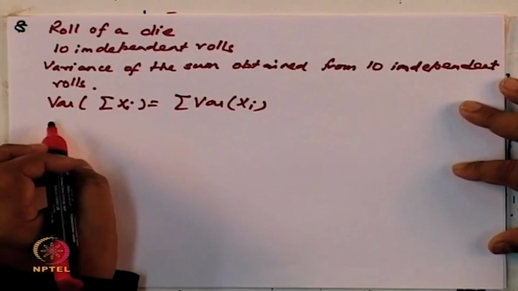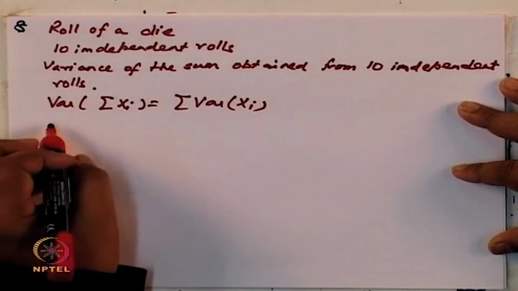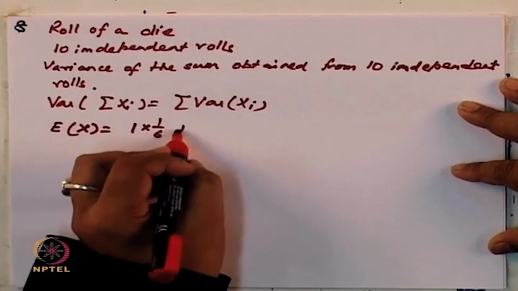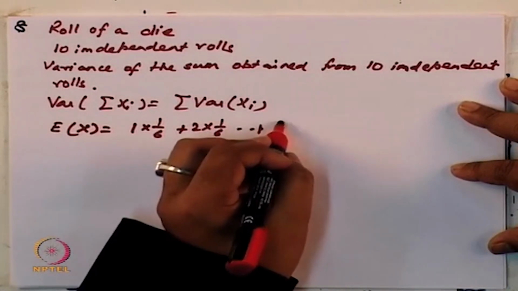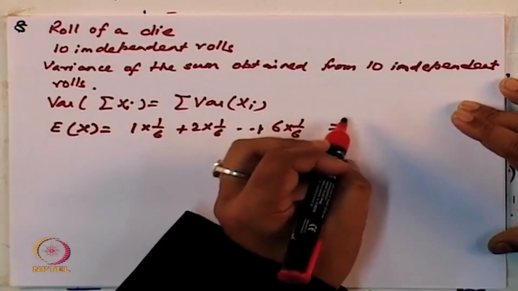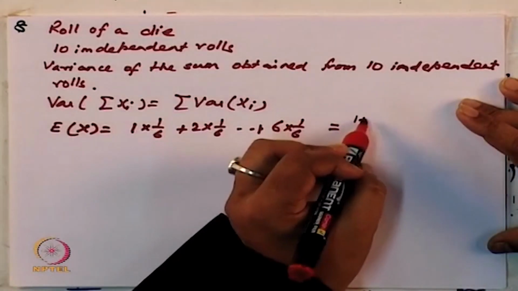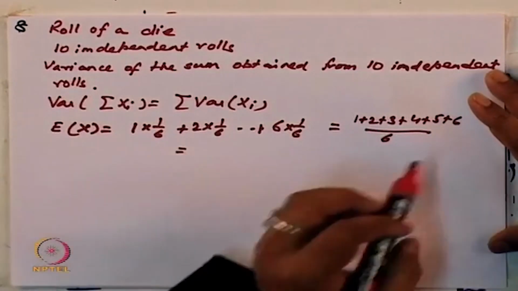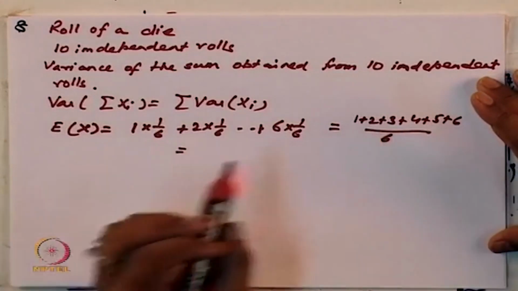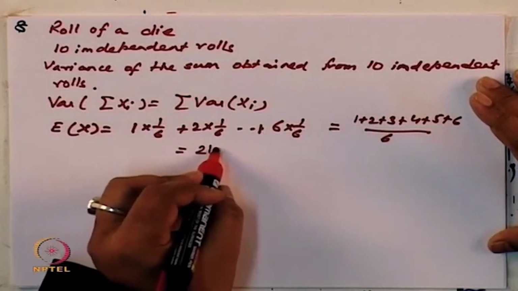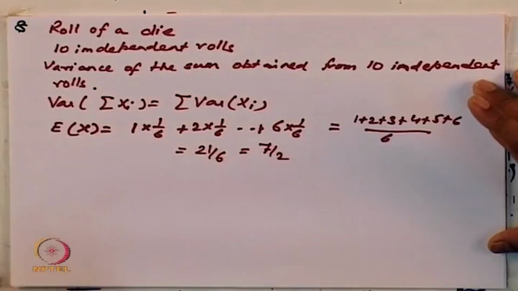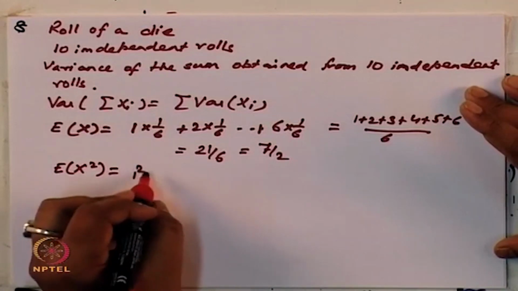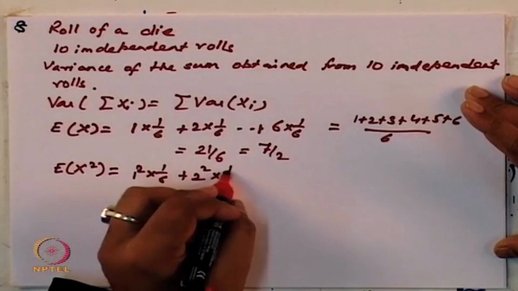So, for rolling of a die, in the previous case we calculated E of x is equal to 1 into 1/6 plus 2 into 1/6 plus up to 6 into 1/6, okay, and this will come to be 1 plus 2 plus 3 plus 4 plus 5 plus 6 by 6, which is equal to 7 plus 7, 14 plus 7, 21/6, 7/2, okay, and E of x square is equal to 1 square into 1/6 plus 2 square into 1/6.